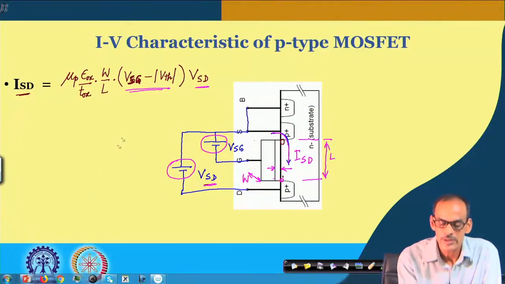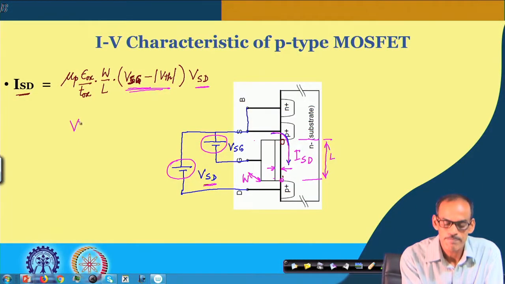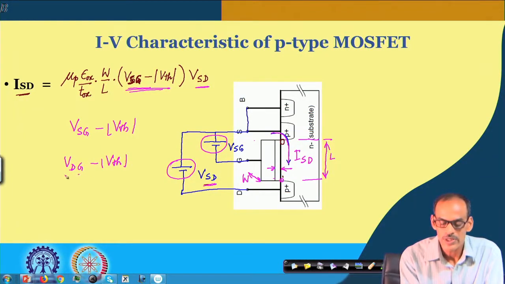The trick is that instead of considering only VSG minus VTH, we should also consider VDG minus VTH, and this VDG is a function of VSG and VSD.